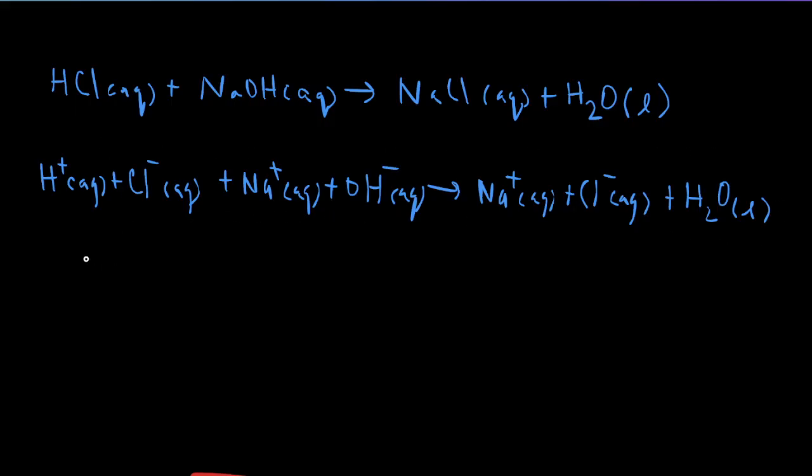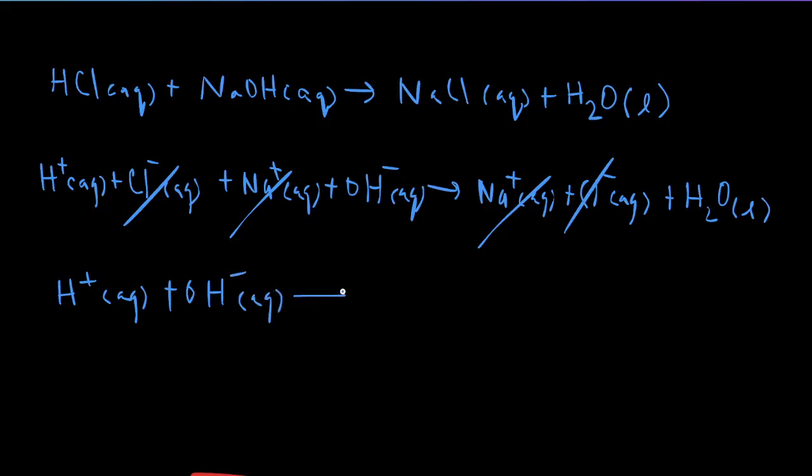But in our case, we're trying to find the net ionic equation, so we have to cancel out our spectator ions, which in this case are going to be chloride, as it appears on both sides, sodium, which also appears on both sides, leaving us with a net ionic of H plus, OH minus, is going to give us H2O.